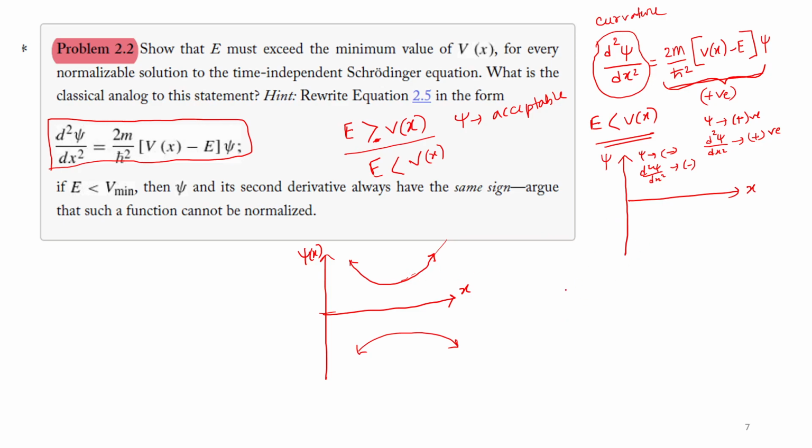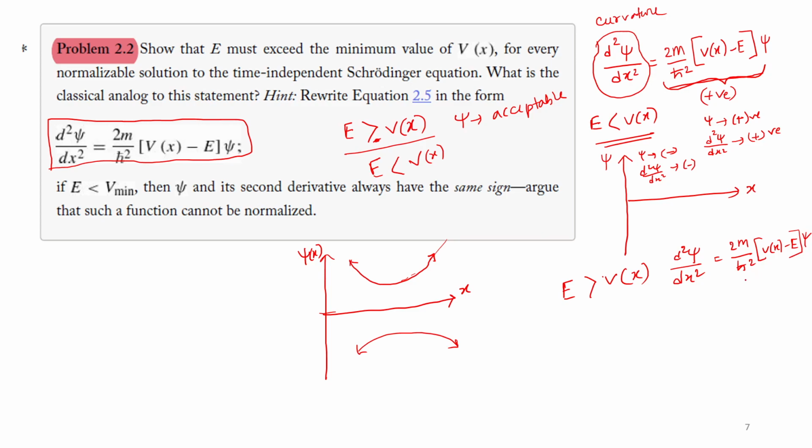Now when E is positive, let us see what will happen. The thing we want to prove is that when E is greater than V of x, then d2 psi by dx square equals 2m by h cut square times V of x minus E, and now it will be negative.